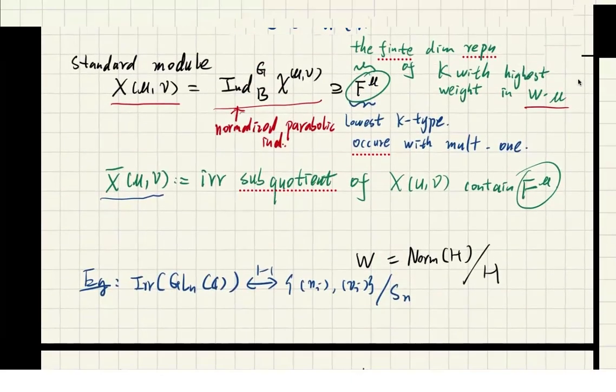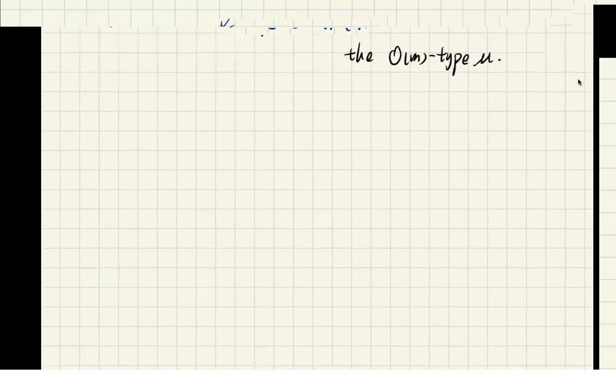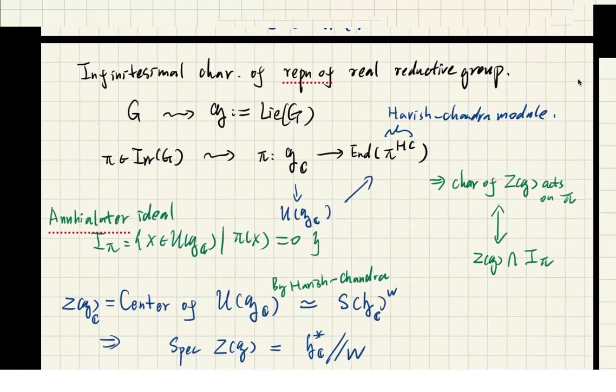So do I need to explain what is infinitesimal character? Okay, so I think it's quite important, so let me do it in one page. Okay, so what is the infinitesimal character of a representation of a real reductive group? Actually, you should think of it as a representation of the universal enveloping algebra.